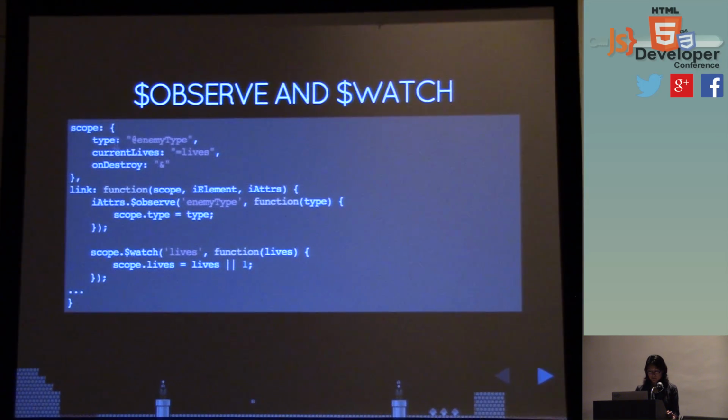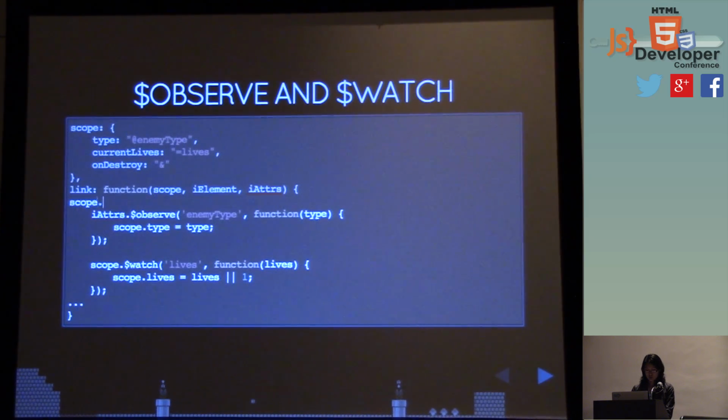So let's say we've set up these scopes, but how do we actually access these things from inside our directive? In later versions of Angular, if you just said scope.type, then you would be able to access that. In earlier versions of Angular, that wouldn't work.